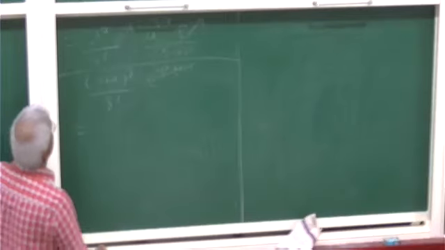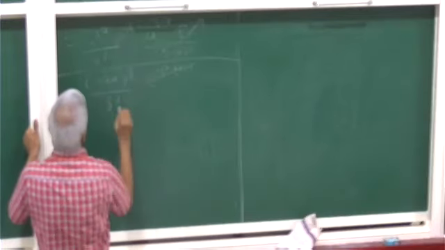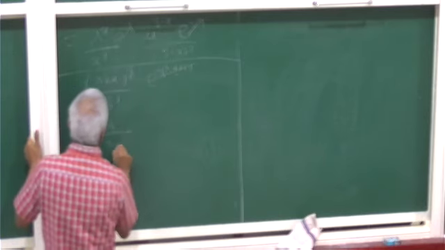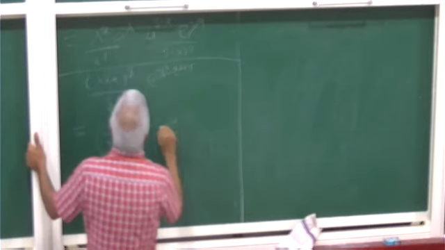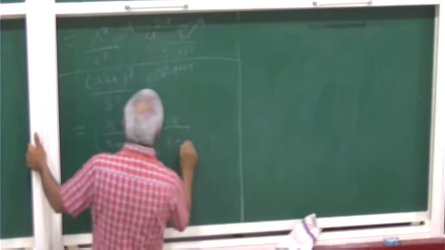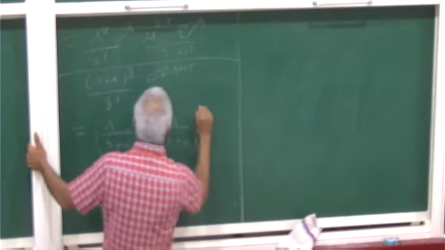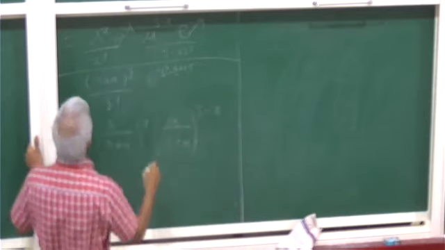Now we can cancel these things. What do we get? We have lambda by lambda plus mu power x, and mu by lambda plus mu power z minus x. I've just grouped it together.